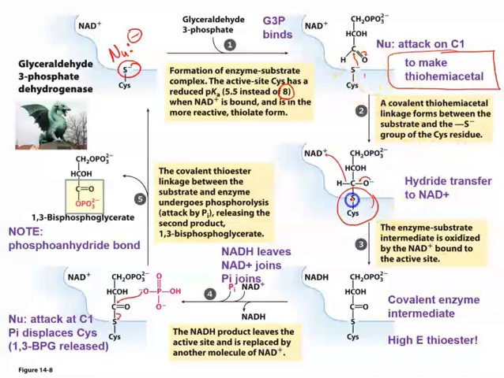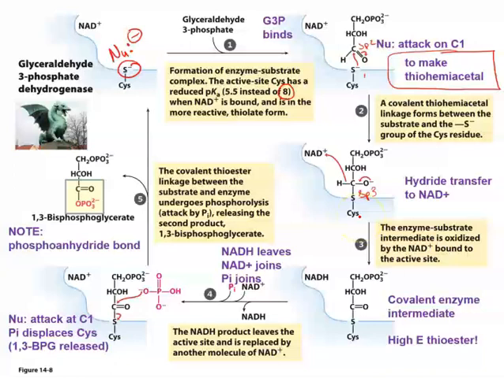Instead of having a group that would have an oxygen here, and then the rest of the molecule, we have a sulfur, and then the rest of the molecule. This is a tetrahedral intermediate. We've gone here from sp2 hybridization on that carbon to an sp3 hybridization. So we have a tetrahedral intermediate.